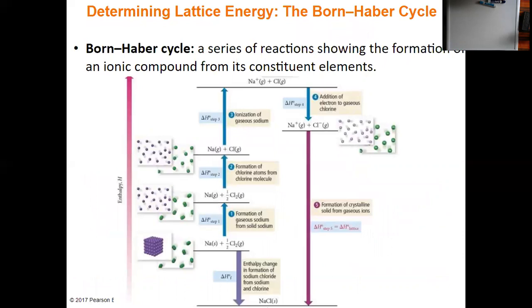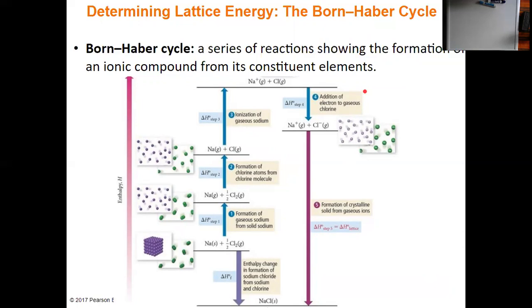All right, now we can use something like what's called the Born-Haber cycle to figure out what the lattice energy of the formation of an ionic compound is. But to do this, we have to have a lot of values at our disposal.